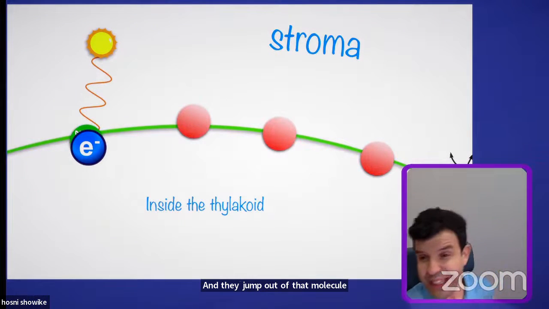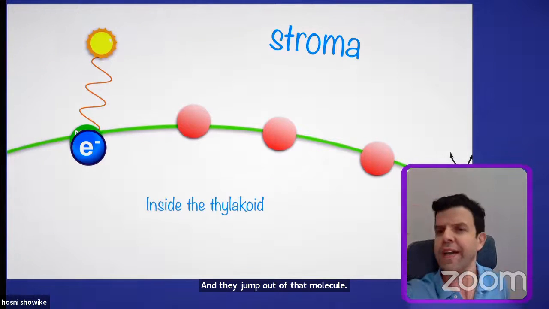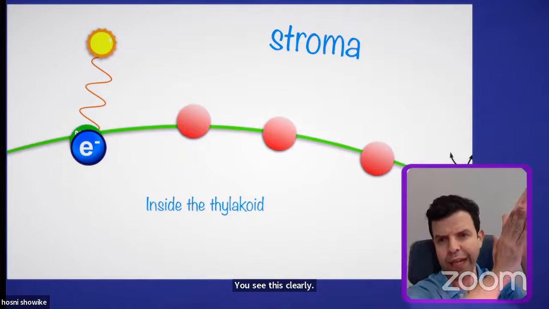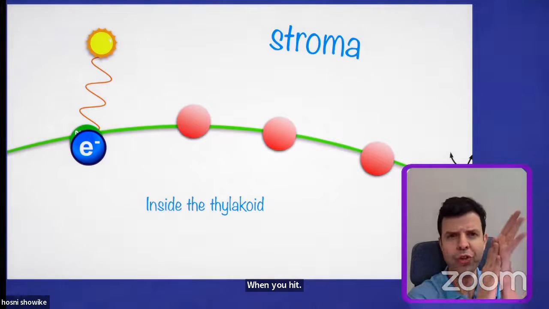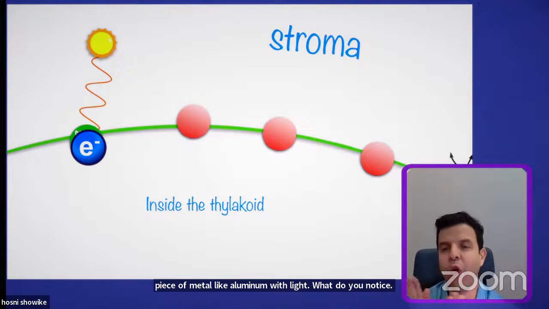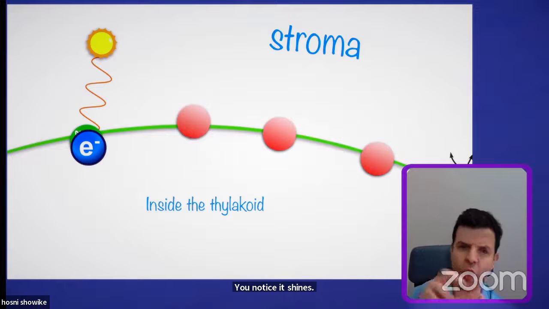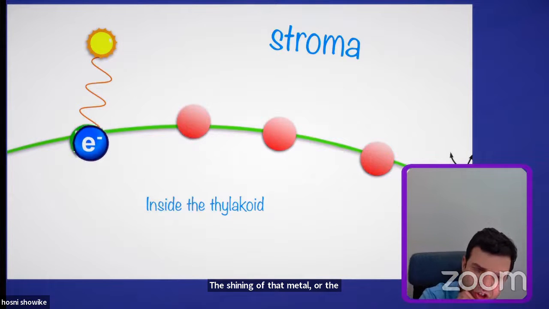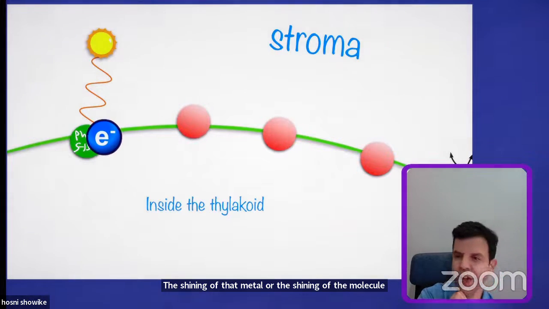You see this clearly when you hit a piece of metal, like aluminium, with light. What do you notice? You notice it shines. The shining of that metal or the shining of the molecule is when the electrons jump out of that molecule.